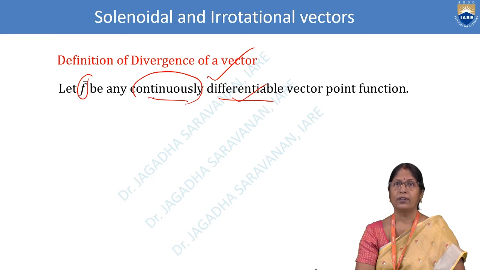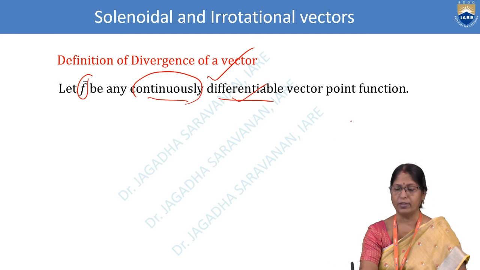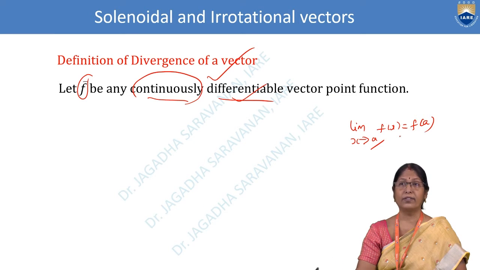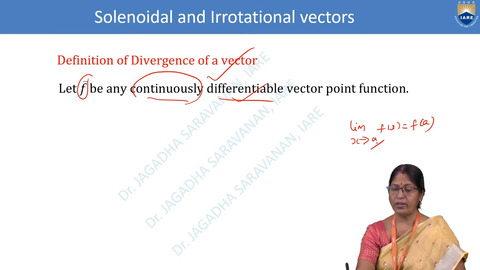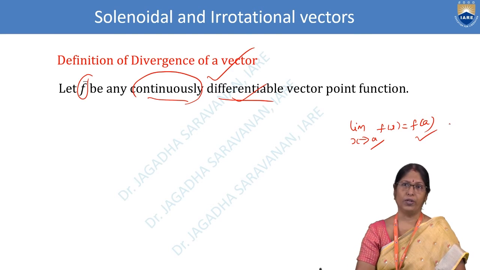The definition of continuous is: limit x tends to a, f of x equals f of a. Then we can say that at the point a, it is continuous.